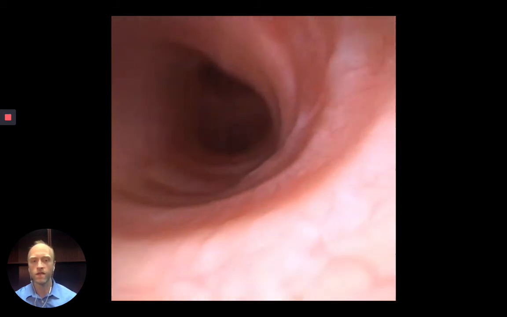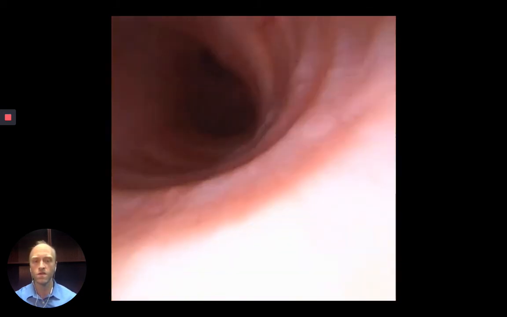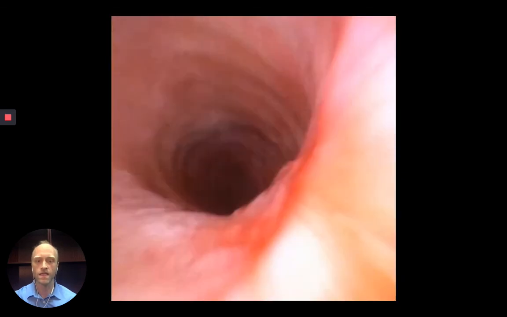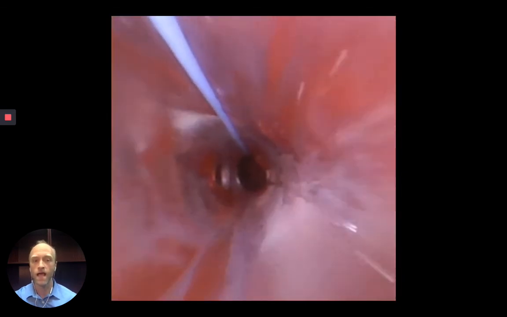You can see the video shake a little as the tube is being advanced over the scope, and then tube position is confirmed as the scope is withdrawn. So again, you can see that the resident, despite having just the basics of training, did a very nice intubation.